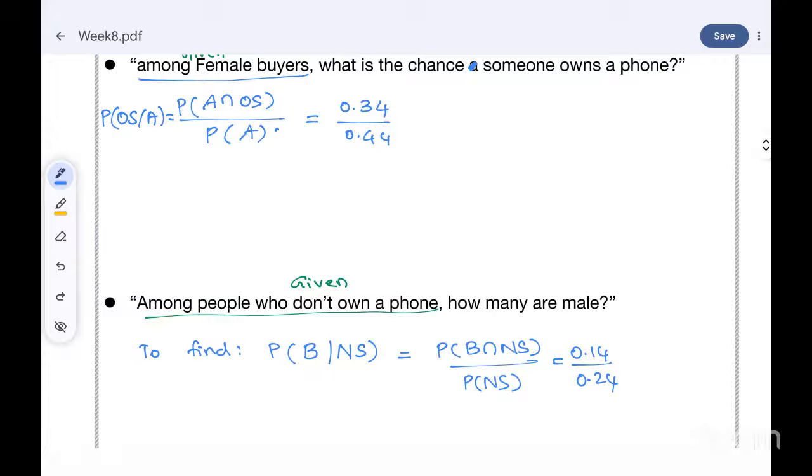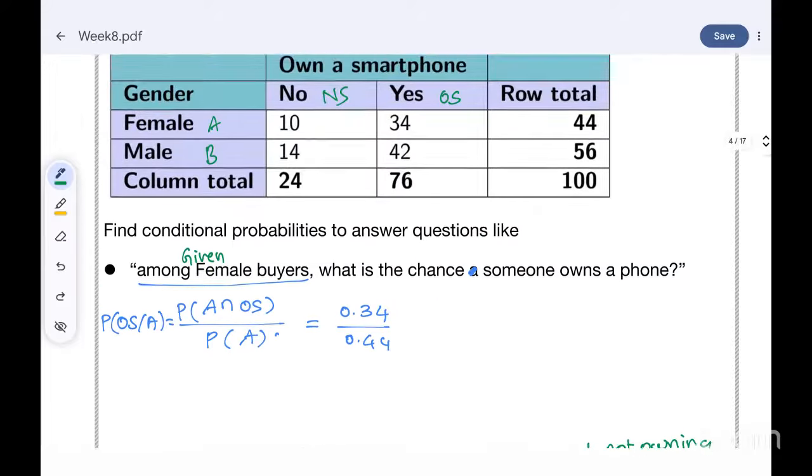See, now what is the updated sample space? That is the first thing. Among people who don't own a phone, the new sample space is people not owning a phone. So how many are not owning a phone?